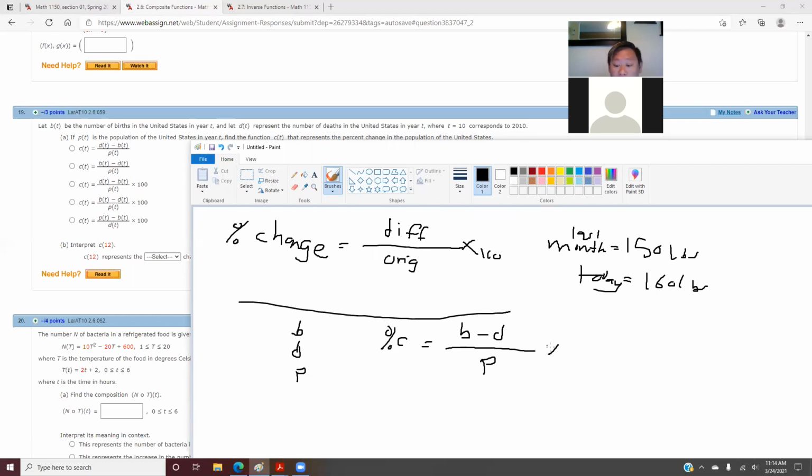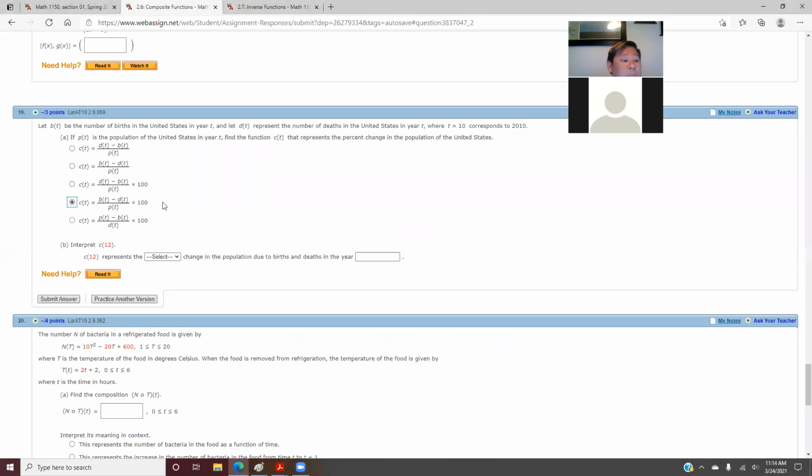And then you have to multiply this by 100 because it's a percent. So this will give us the fourth one: birth minus death over population times 100%.